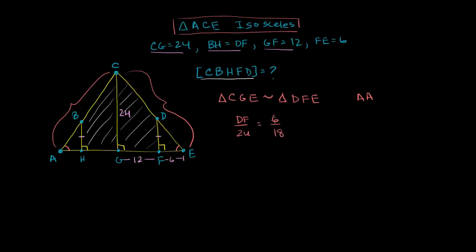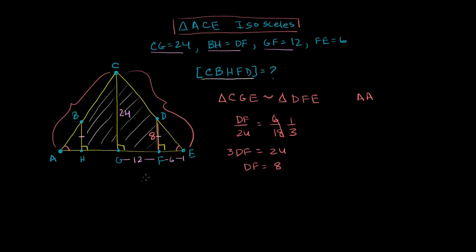And then 6 over 18 is just 1 over 3. You get 3 DF is equal to 24. I just cross multiplied. Divide both sides by 3, you get DF is equal to 8. So we found out that DF is equal to 8, that length right over there.